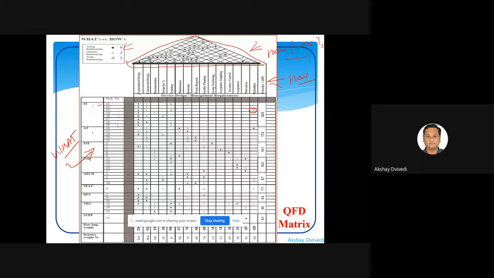Now, in this particular case, let me give you a very standard kind of example, which I hope all of you will believe. In India, Maruti Suzuki's cars are considered to be reliable. Do you agree? Yes, sir. Perfect. In India, Maruti Suzuki cars are also considered to be those cars which provide quite good mileage.